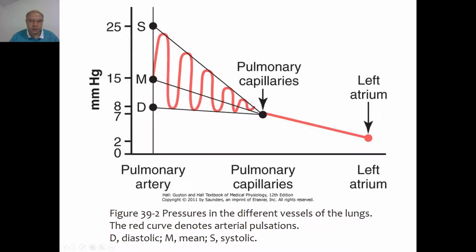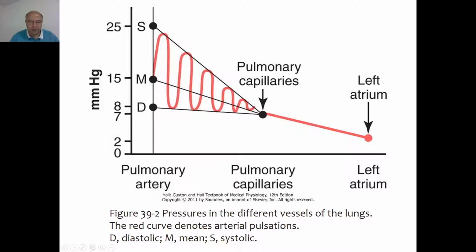You see here pressures in different levels of the lungs. The red curve shows the arterial pulsations. This is the pulmonary artery, systolic, diastolic, and the mean pressure.